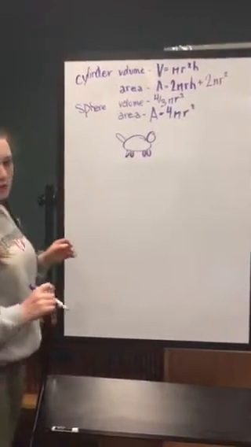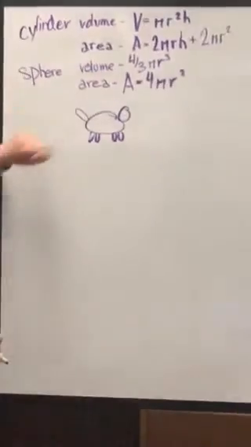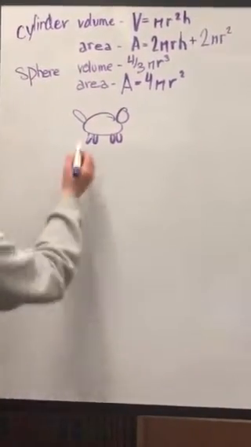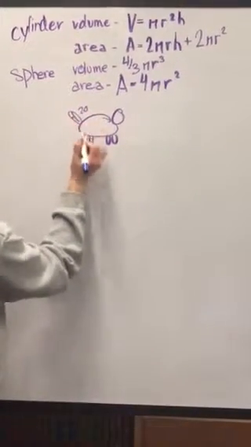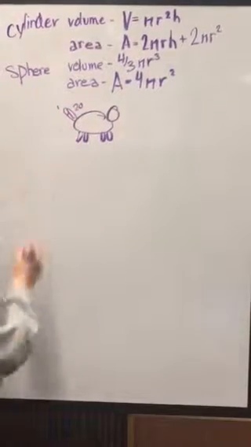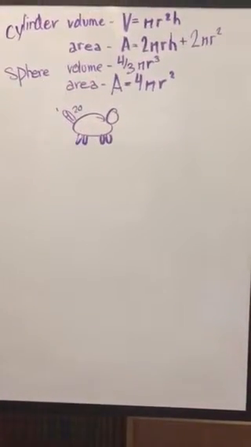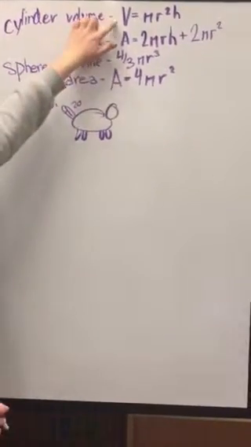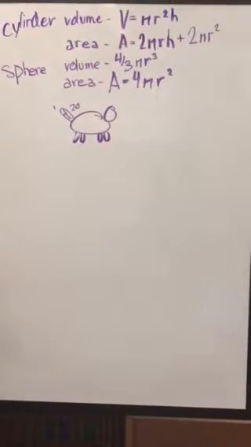So the first thing that we're going to do is the tail. So the tail right here is a cylinder, okay? The height of it is 20 inches long, and the radius of it is 1 inch. So the equation we're going to use for this first is the volume. The volume equals pi times radius squared times height.